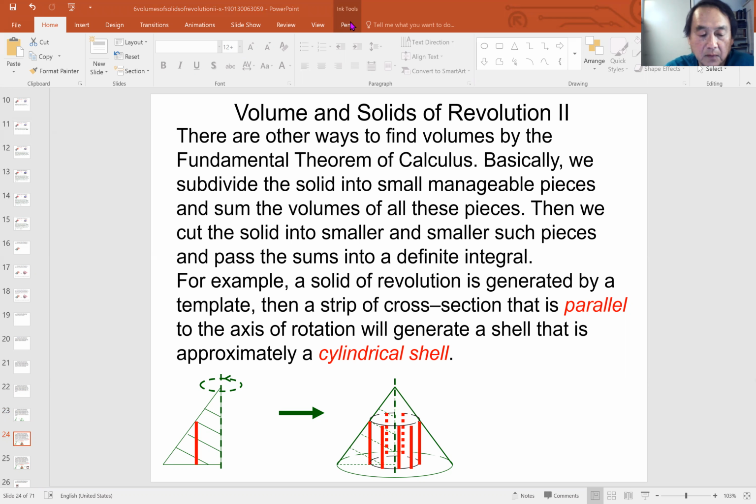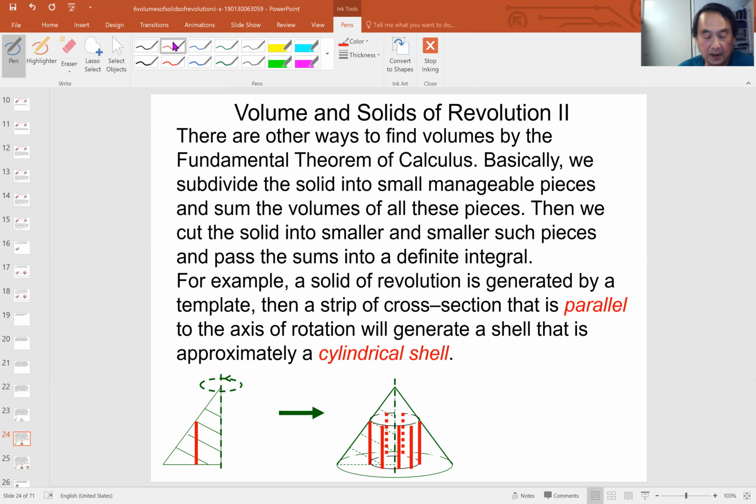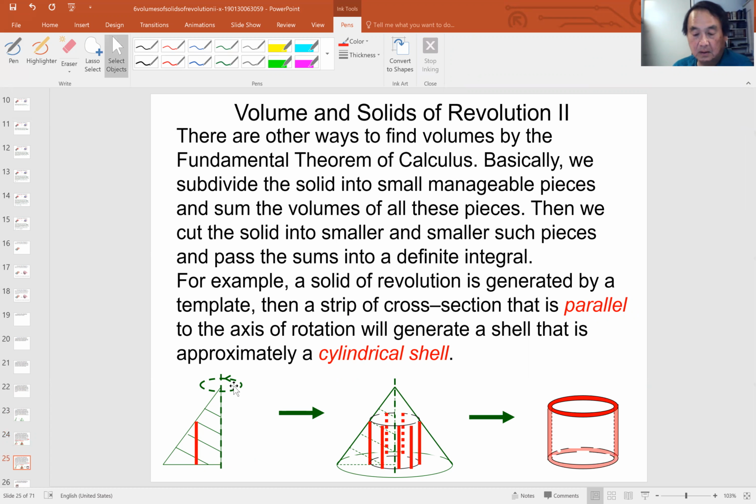And if we follow, as the template rotates around an axis like this, if we follow a line, a cross-sectional line in the template that's parallel to the axis, like this red line over here, as it rotates around this rotational axis, in space it will form a cylinder.